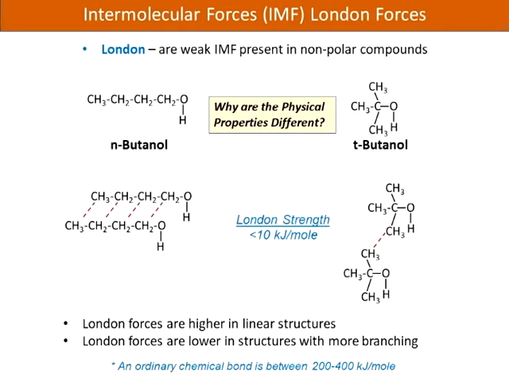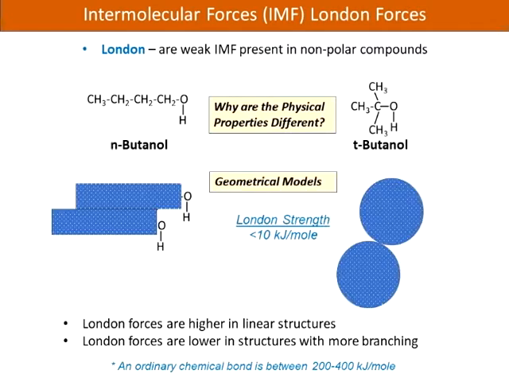That difference is related to the increase in the London forces in N-butanol compared to T-butanol. That is because there are higher chain interactions in N-butanol than there are in T-butanol. One way to view this is to take a look at a geometrical model. In the case of N-butanol, it might be viewed as a rectangle.